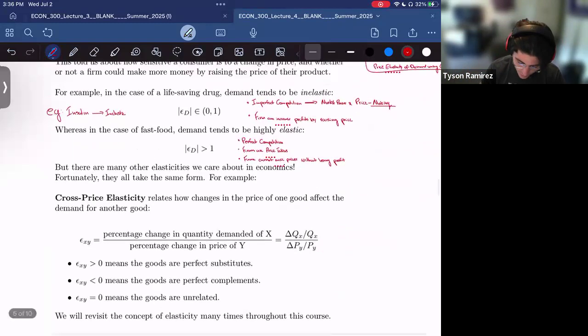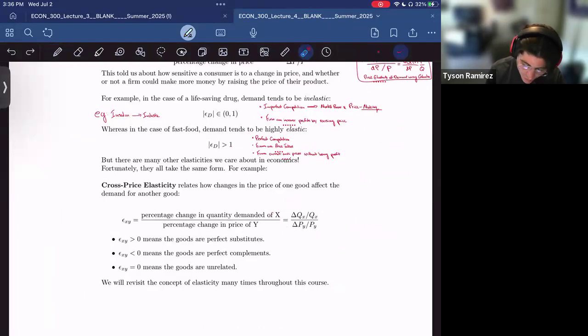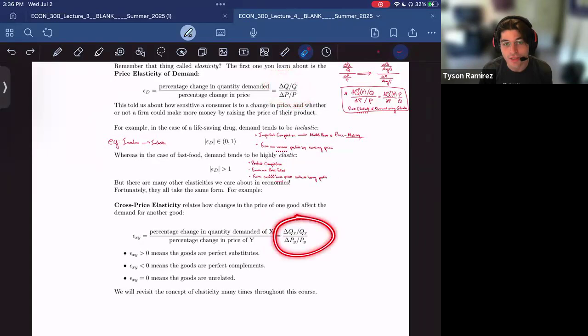It has a nearly identical form. It shares the same skeleton. In fact, all of these elasticity formulas share the same skeleton. It's going to be something like this. Here, I'm only talking about one good. Here I'm talking about two different goods, and I have to be specific about which one is changing in quantity and which one is changing in price.